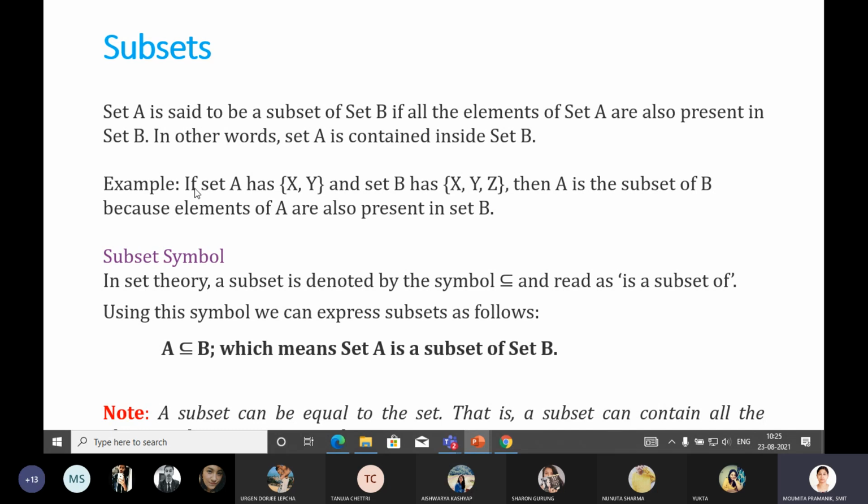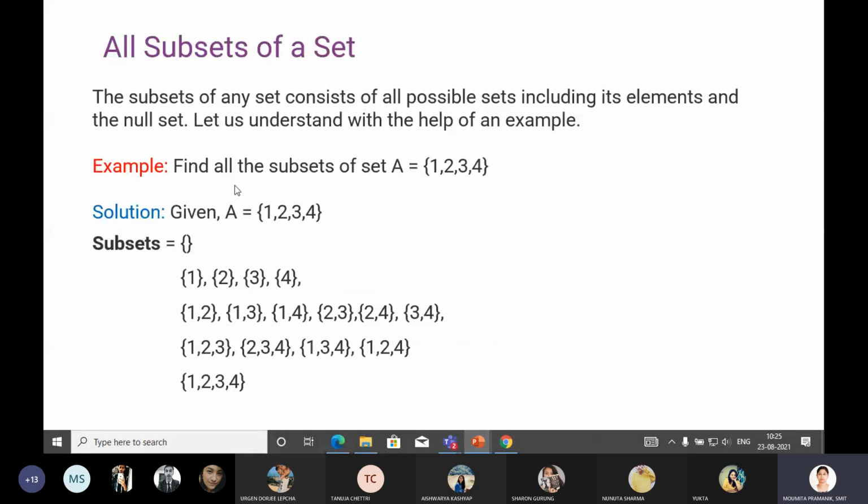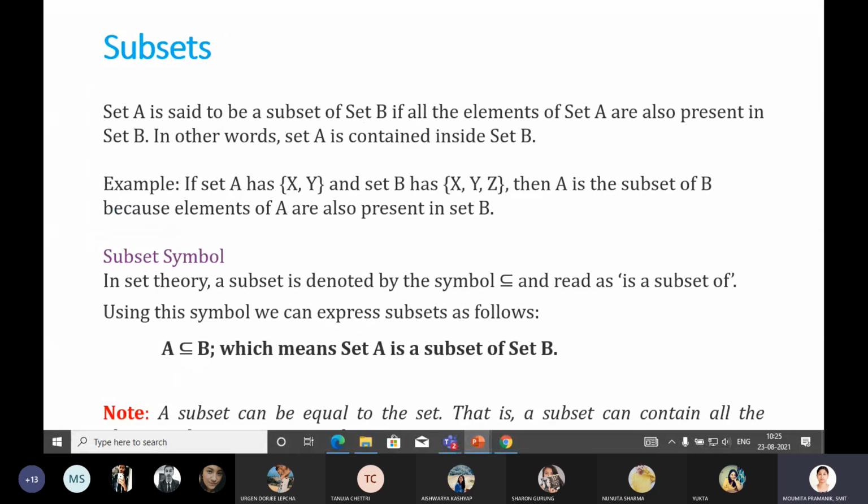We can understand this with an example. If set A has the elements x and y, and there is another set B that has the elements x, y, z, then we can say that A is a subset of B. If you notice here, A has the elements x and y, and set B has the elements x, y, and z.